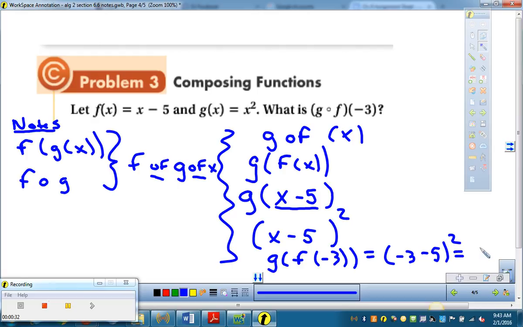Negative 3 minus 5. Negative 8 squared. 64. So that is one way you can do g of f of negative 3. Find g of f of x first, and then plug in negative 3.